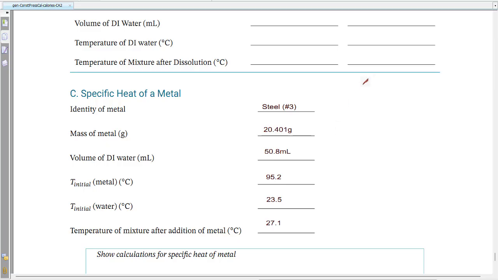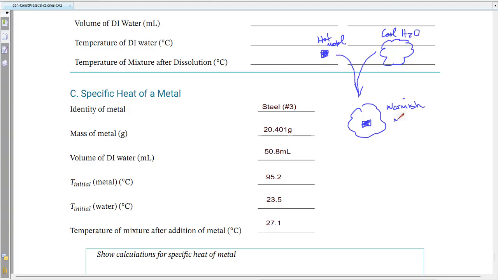What I'm doing is taking a super hot piece of metal, and a container of cool water, and I'm putting those two things together to get, good thing this is not an art class, right? Some sort of warm-ish mixture, okay?